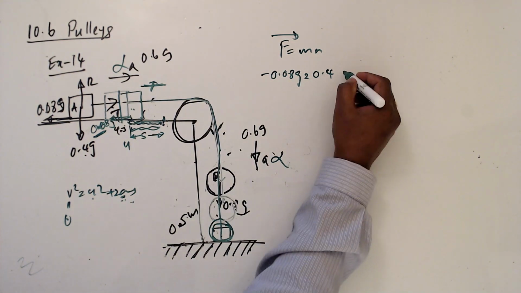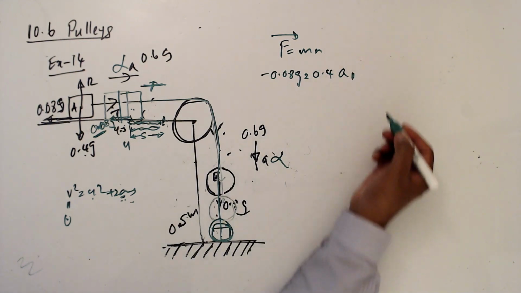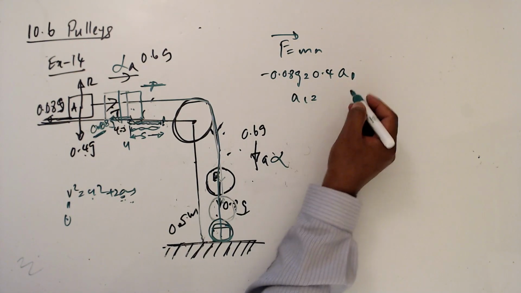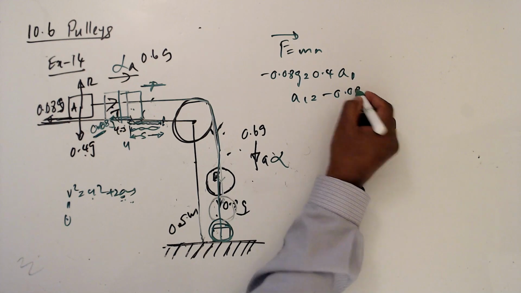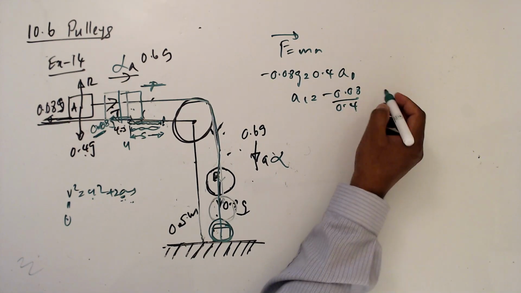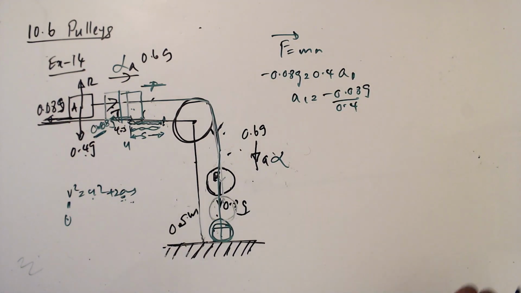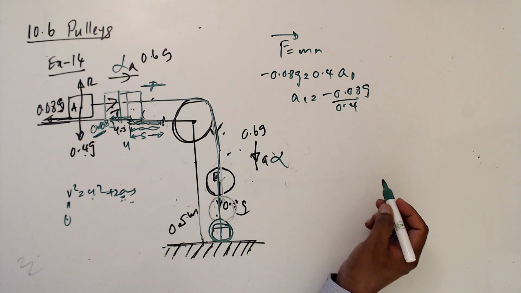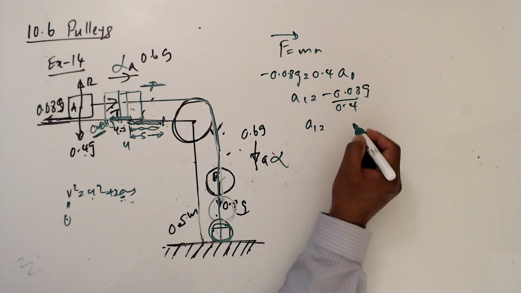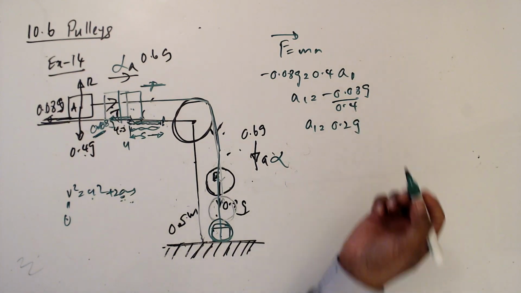So let's say A1. So A1 equals 0.08 g divided by 0.4. Now A1 is 0.2 g.